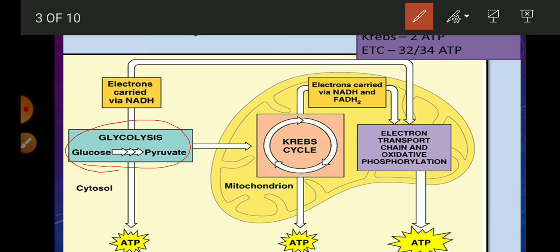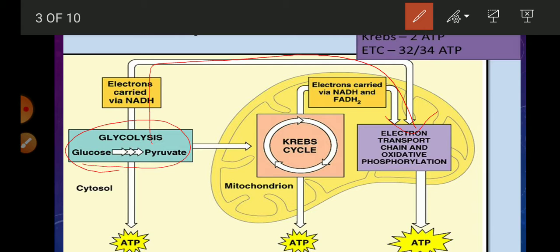We have studied glycolysis in detail. In glycolysis, just a little amount of energy is produced in the form of ATP, but the energy which is stored is in the form of NADH. It means electrons are carried by the coenzyme NADH, nicotinamide adenine dinucleotide hydride, which will move on to further reactions in the ETC.